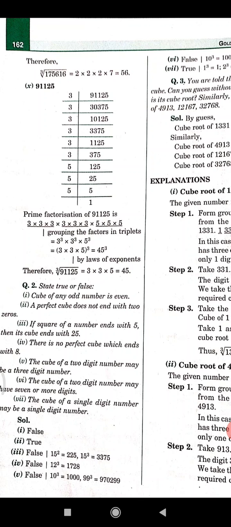Now 3 multiply 3, 3 threes are 9, 9 fives are 45. So the cube root of 91125 equals 45.